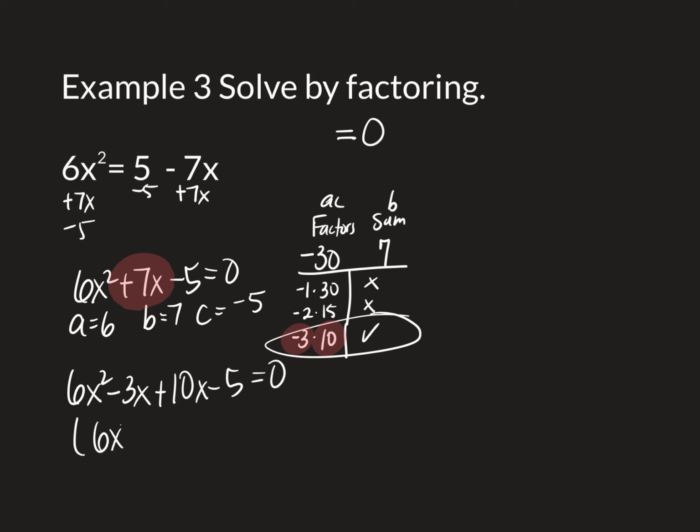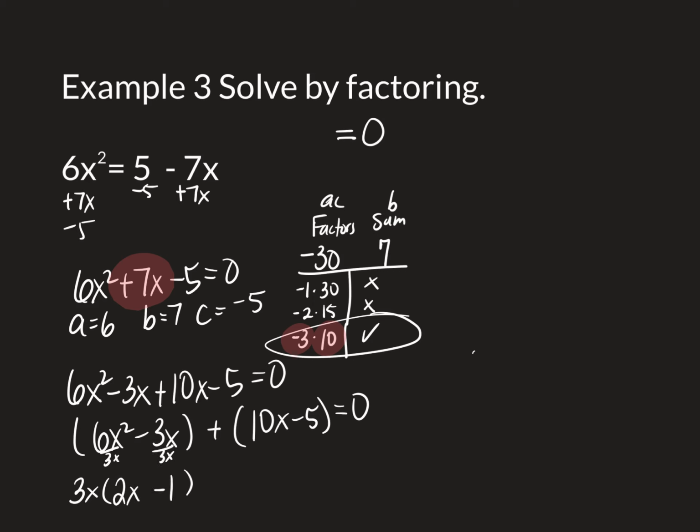Group the first two together, put a plus sign, group the last two together, equals 0. Now when we're factoring by grouping, we're looking for a greatest common factor for each pair of parentheses. The greatest common factor for the first one is 3x. You divide both of these by 3x. You get 2x minus 1. The greatest common factor for these two is 5.